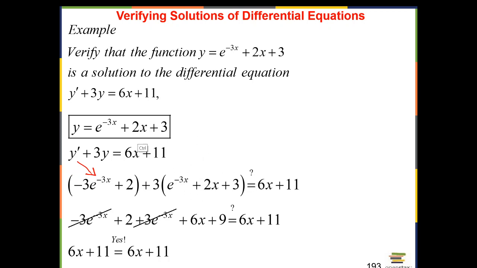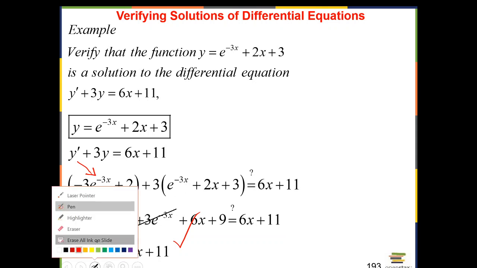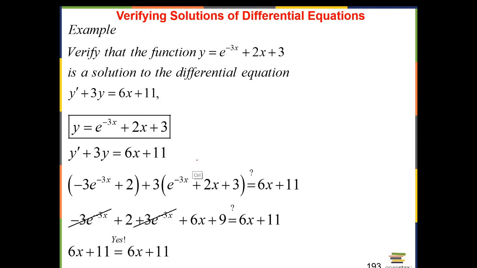Is it equal to 6x plus 11? Let's see. Yes. Do the operations and you see that's the case. So we say that this function is a solution for that differential equation, right?